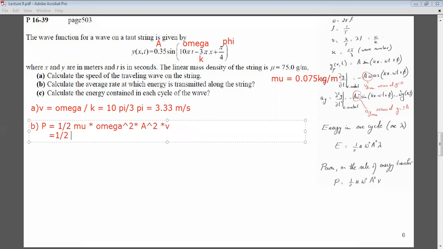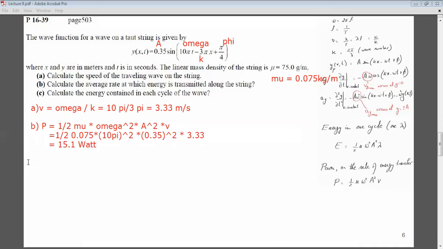So this is half mu, it's given 0.075, times omega, it's given 10 pi, square, times A, which is 0.35, square, times v. I calculated it in part A, and power is 15.1 watt.